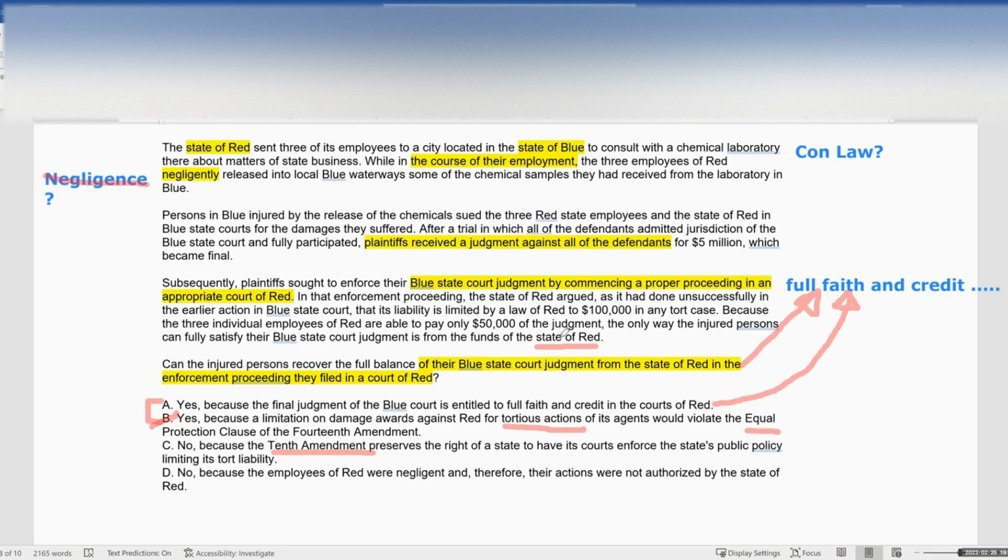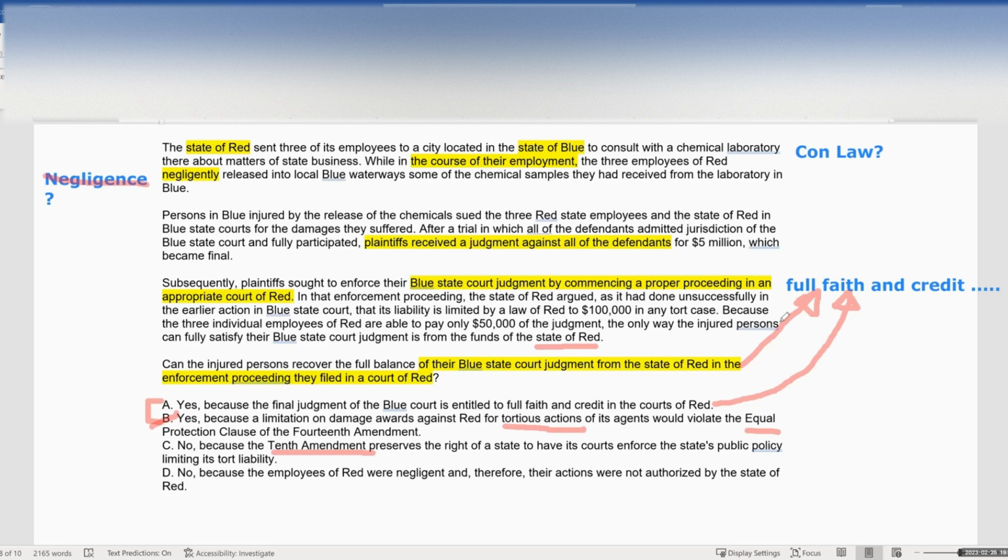And there's really no right under the 10th Amendment that gives the states a right to have their courts decide cases involving tort liability. Since this case has already been decided in blue state and they have a judgment already, we're only concerned about the judgment.